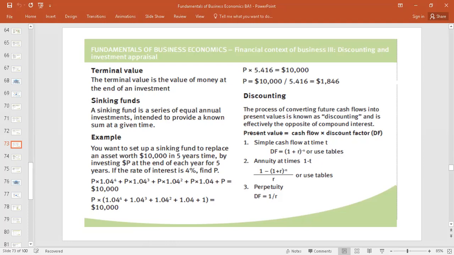There's another concept of sinking fund. A sinking fund is a series of equal annual investments, invested periodically, on which interest is calculated, intended to provide a known sum at a given period of time.